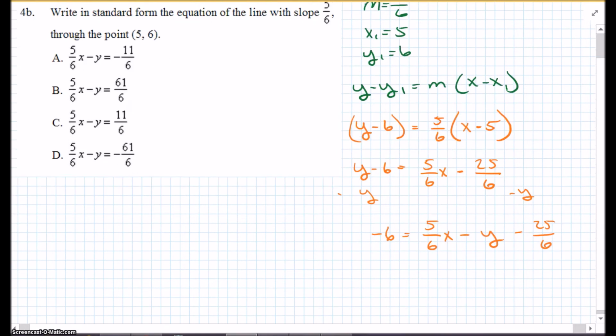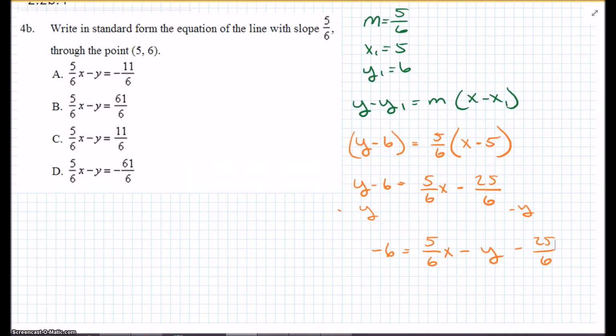Now I've got to get 25 over 6 to the other side. So let's rewrite this equation, and I'm going to flip it when I rewrite it: 5 over 6x minus y minus 25 over 6 equals negative 6. So my next step is to add 25 over 6 to each side.